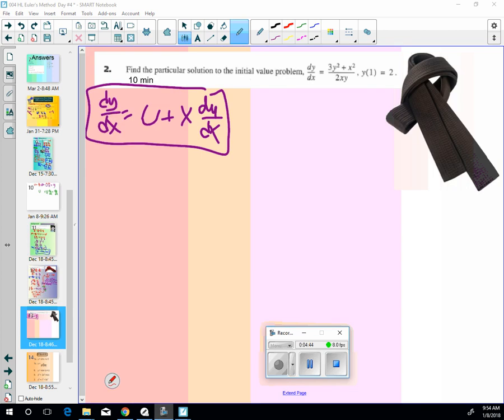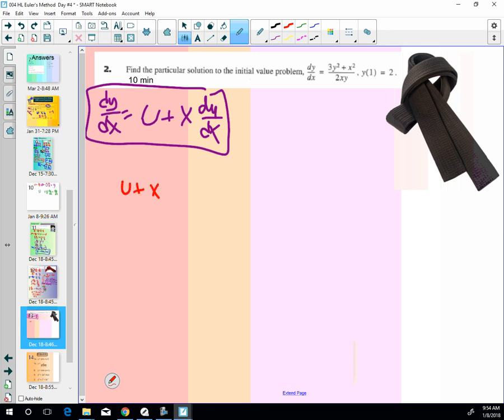All right, so with this last one on this list, it says find the particular solution for dy/dx. Well, we can substitute u plus x du/dx, and that's going to be 3y squared over 2xy plus x squared over 2xy. Those constants are going to be trouble, aren't they?